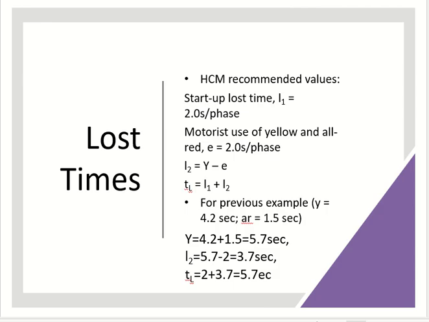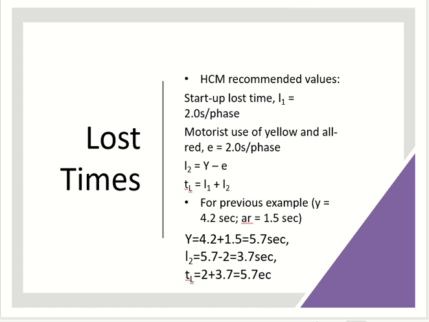Now this 2 is a recommended value. I told you earlier, this lost time is a recommended value. Otherwise, we would do studies to find out how much time the drivers are actually losing. So in the previous example, there may be some rounding off issues here. We got almost 4 seconds, and then we have 1.5 seconds all red.